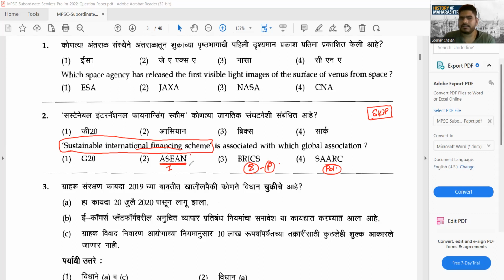ASEAN is a group of countries working for common interest, and in that domain a sustainable international financing scheme is not possible. So what is the probable answer? It should be G20. Why G20? Because this organization was made with the sole purpose of economic development, to leverage the economic perspective.